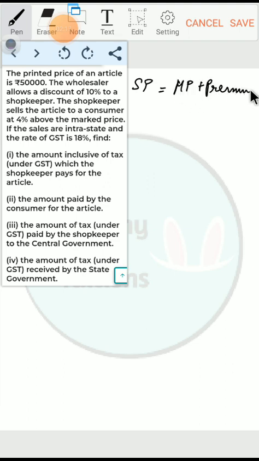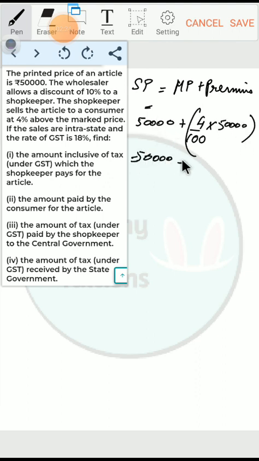Since premium is given, the premium adds up to the marked price to give the selling price. So selling price, marked price we know is 50,000 plus the premium of 4%. So 4% of 50,000 is 2,000. 50,000 plus 2,000 which is 52,000.